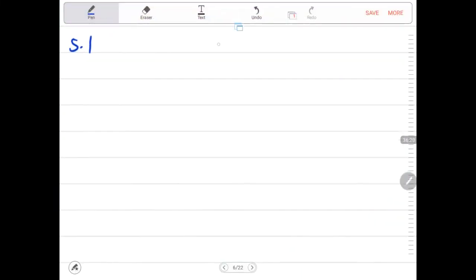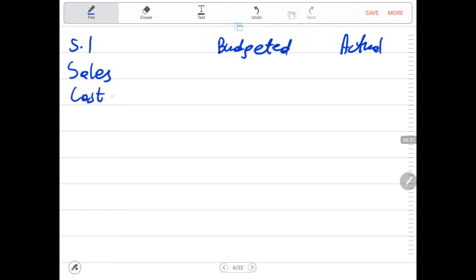So now we need to have budgeted and we also need to have the actual profit. Then we know that we begin with sales, then after we have what is called cost of sales. Cost of sales will definitely have to be negative.